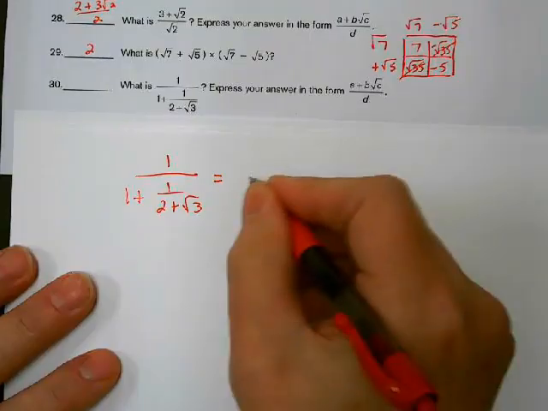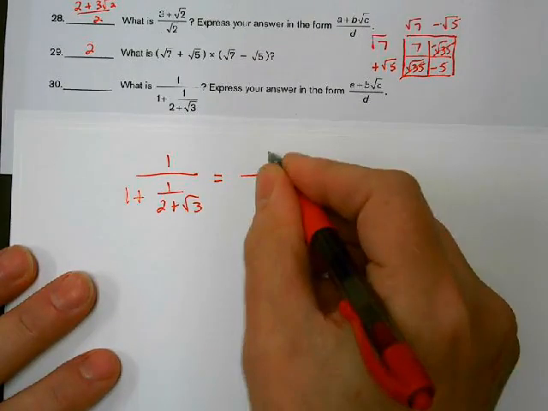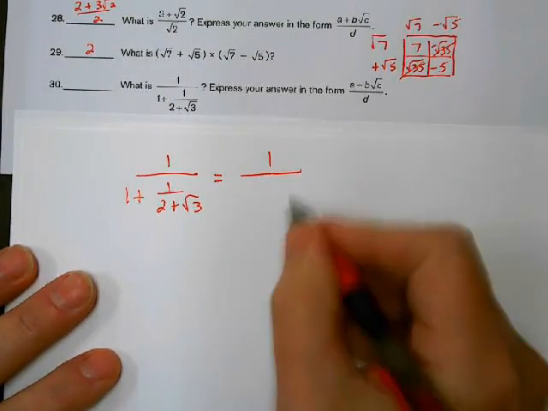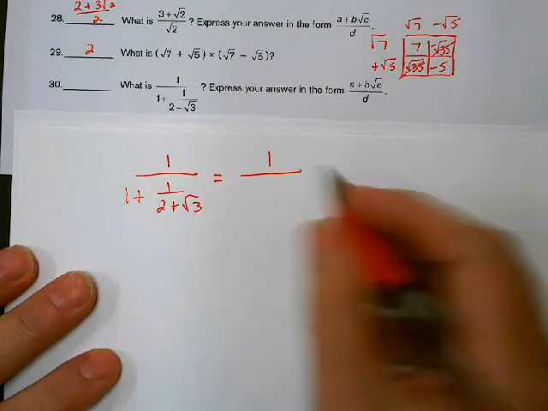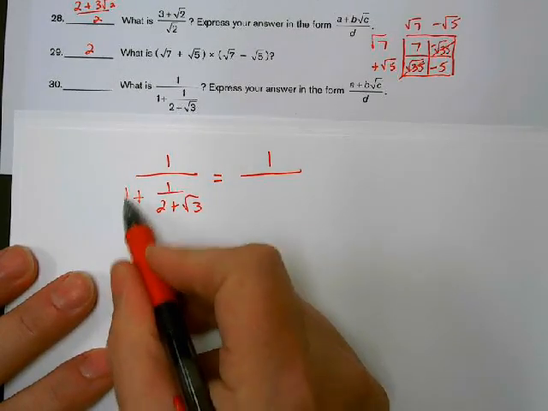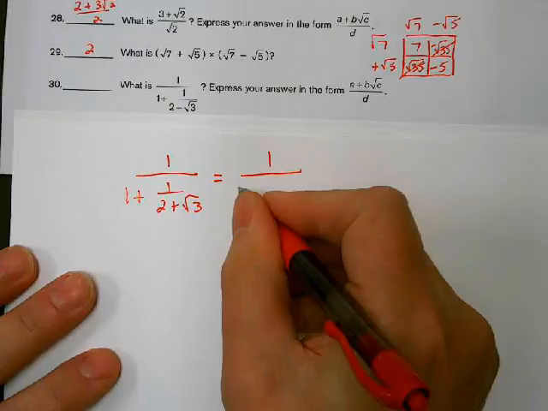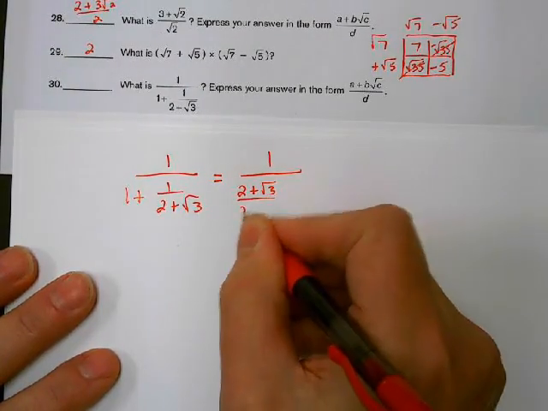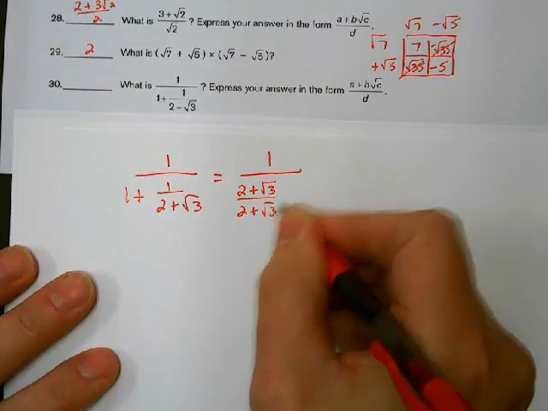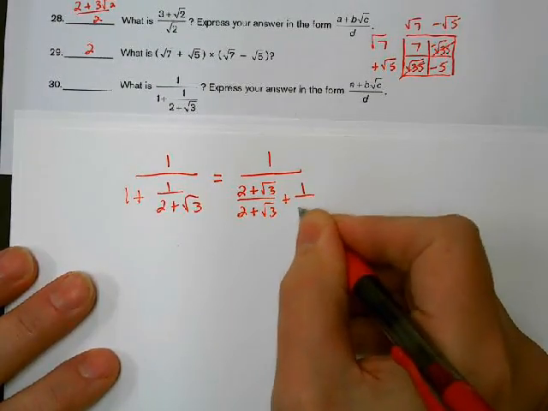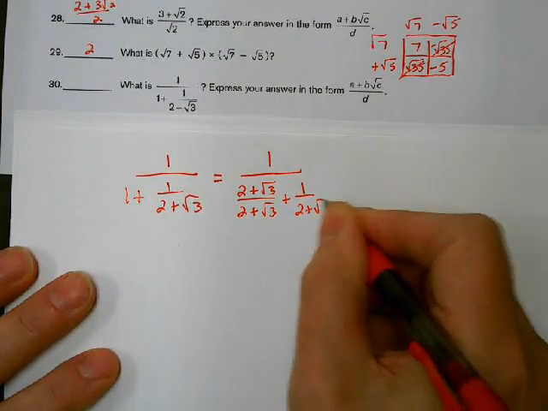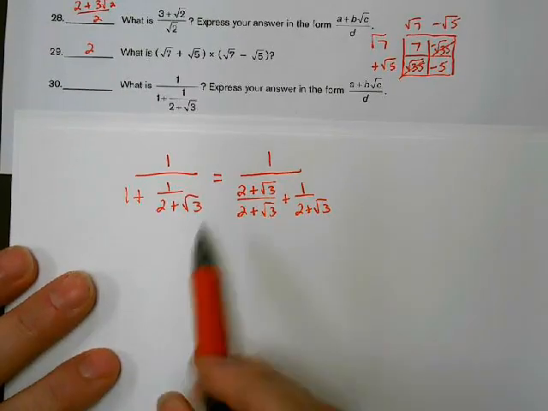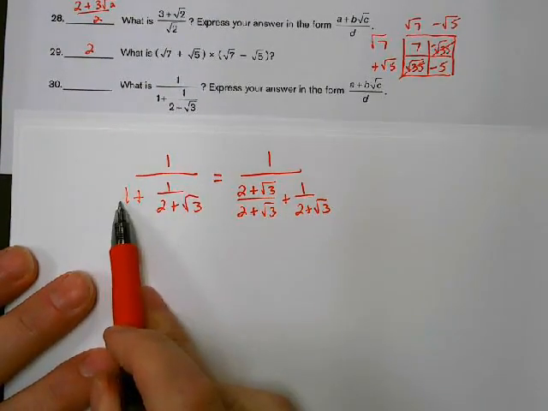I can't combine them until they have a common denominator. Their denominator here is 2 plus root 3, so I can change 1 into 2 plus root 3 over 2 plus root 3. See what I did there? So this 1 became 2 plus root 3 over 2 plus root 3.